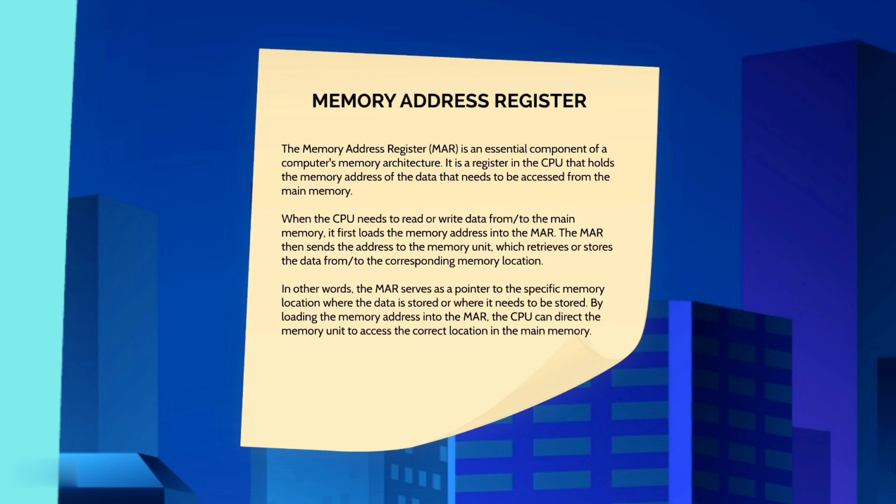The MAR then sends the address to the memory unit, which retrieves or stores the data from or to the corresponding memory location. In other words, the MAR serves as a pointer to the specific memory location where the data is stored or where it needs to be stored. By loading the memory address into the MAR, the CPU can direct the memory unit to access the correct location in the main memory. So now I will hand over to Swarup.